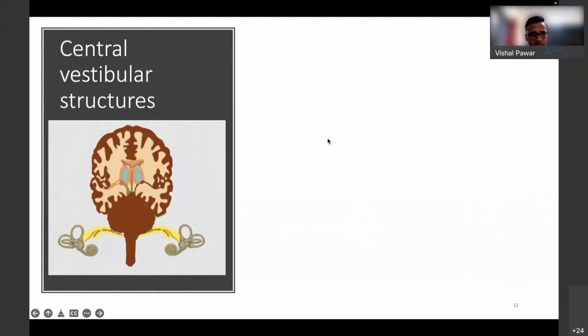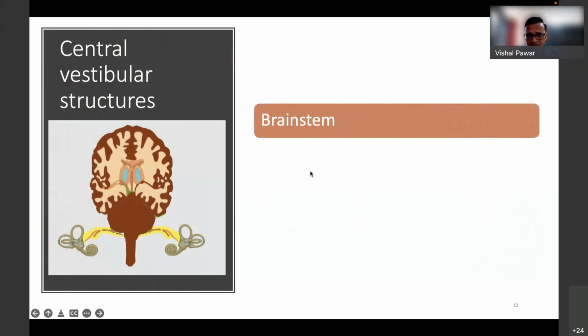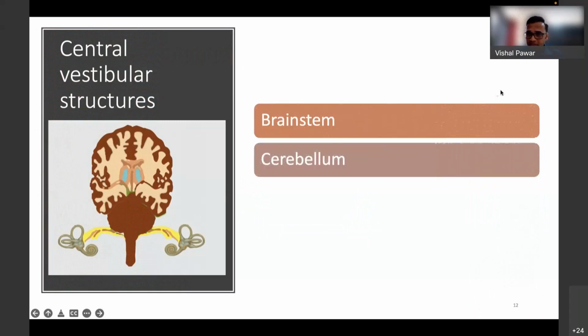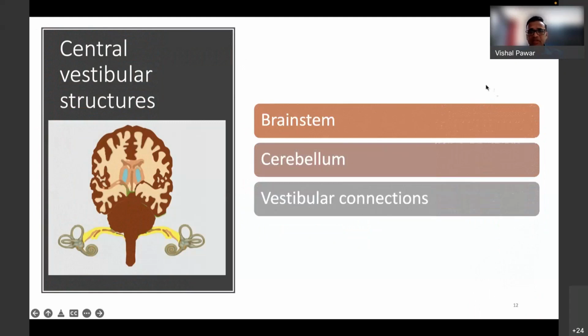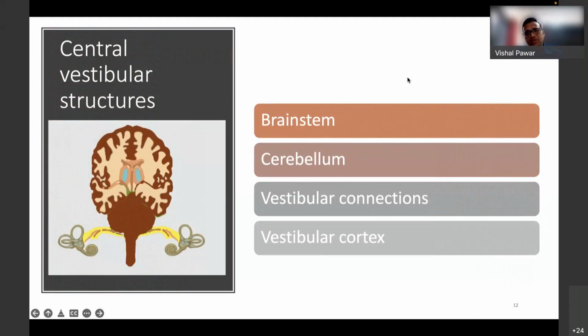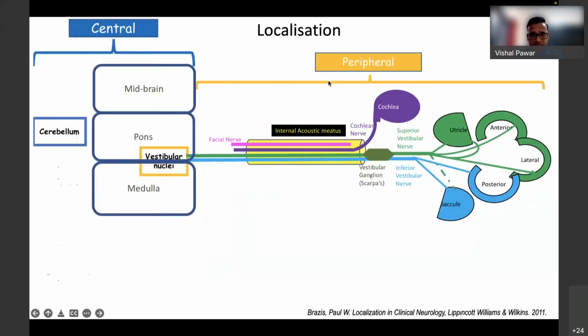So coming to the central vestibular structures, which we grossly deal with, or where we try to localize the lesion: brainstem, cerebellum, vestibular connections, and the vestibular cortex. These are the four important localization areas whenever we talk of central vertigo. These are the structures which can get involved and lead to central vertigo.